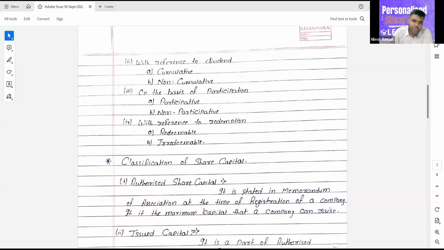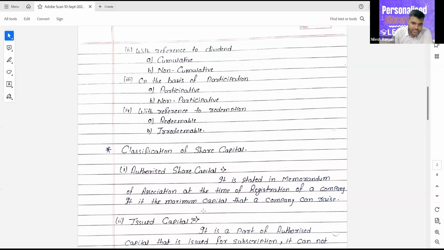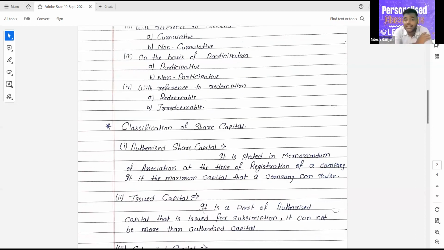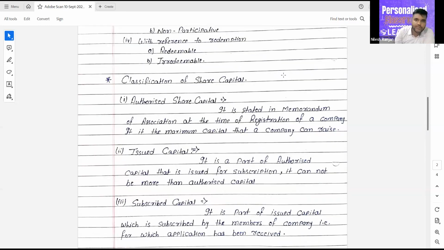After that, there is issued capital. Now you can see the definition part. It is the part of authorized capital that is issued for subscription. It cannot be more than authorized capital.